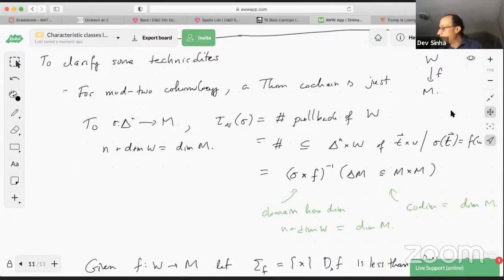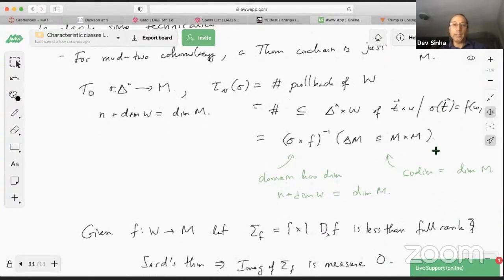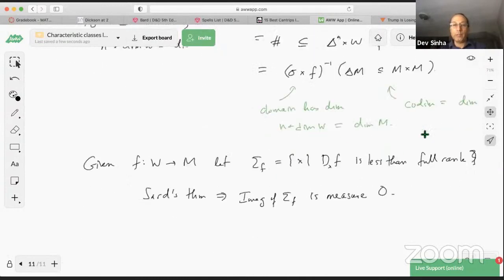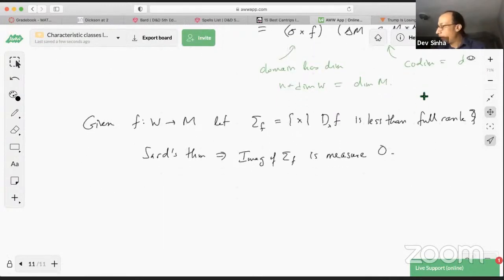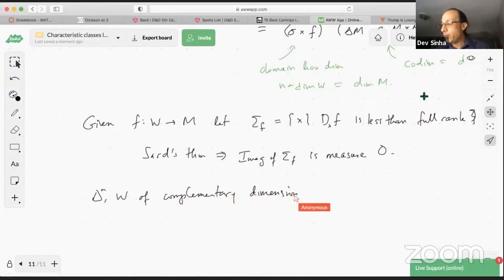And so if you think about this setting with delta n and W of complementary dimension, since pullback is locally intersection, that implies first of all that the transverse pullback equals intersection at places where there are immersions.